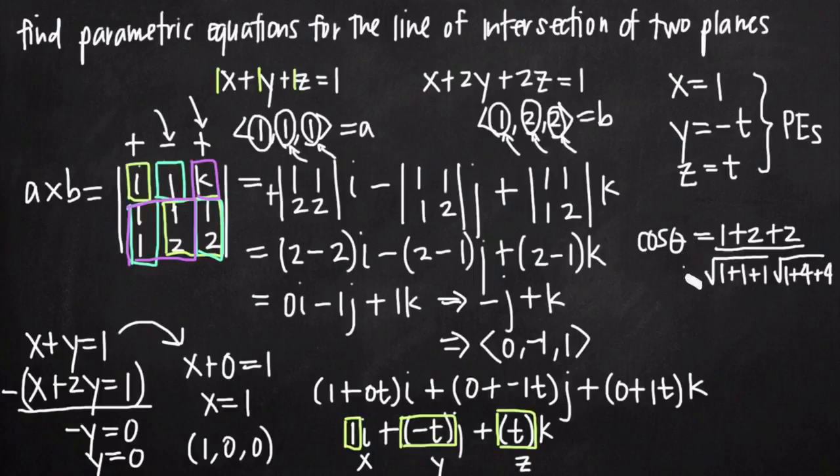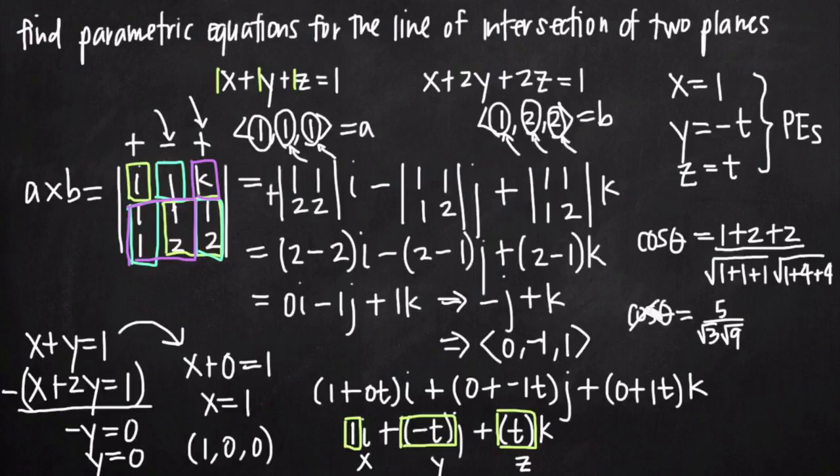And now I just need to solve for theta. Here's what that's going to look like. Cosine of theta is equal to 1 plus 2 plus 2 in the numerator is 5, divided by, in my denominator, square root of 3 times 1 plus 4 plus 4 is 9, so square root of 9. Now I just need to solve for theta. I do that by taking the inverse cosine function, or arc cos, of both sides.